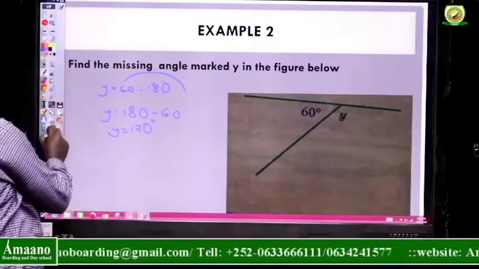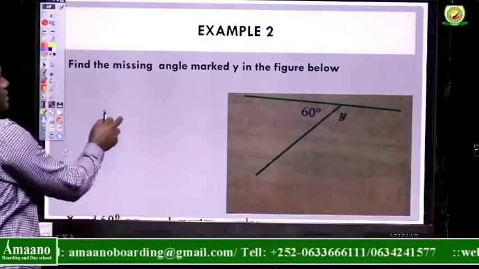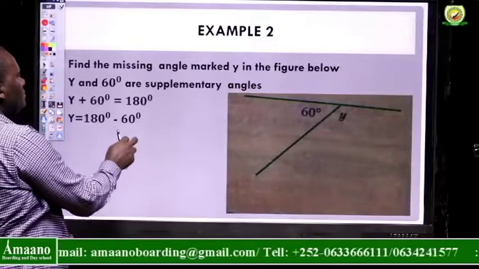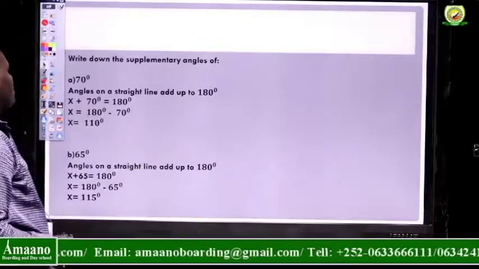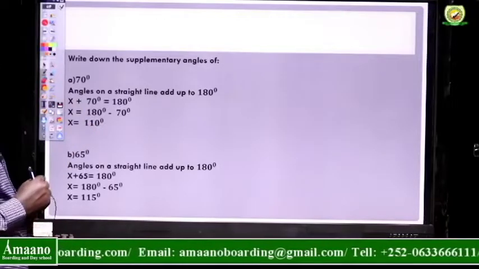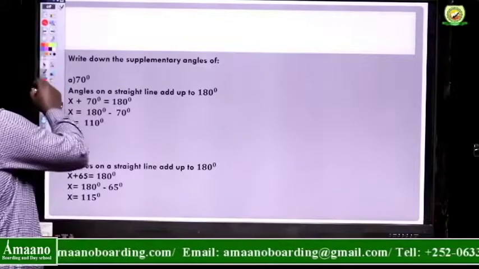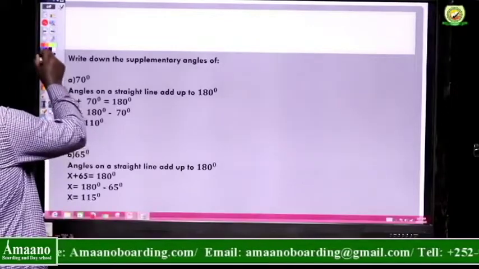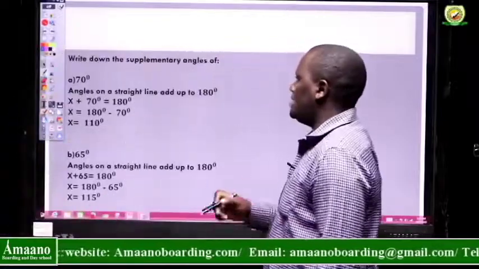Example number 3. Write down the supplementary angles of A 70 degrees. You see that question, we are not given a figure like the other one that we were given a diagram that we were able to use to find the supplementary angle.